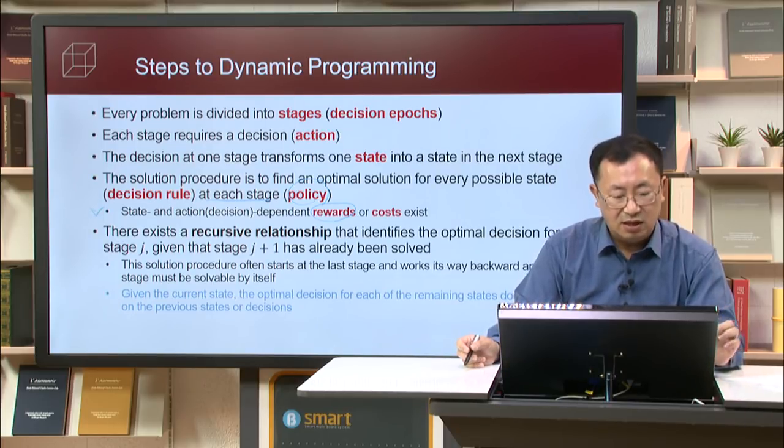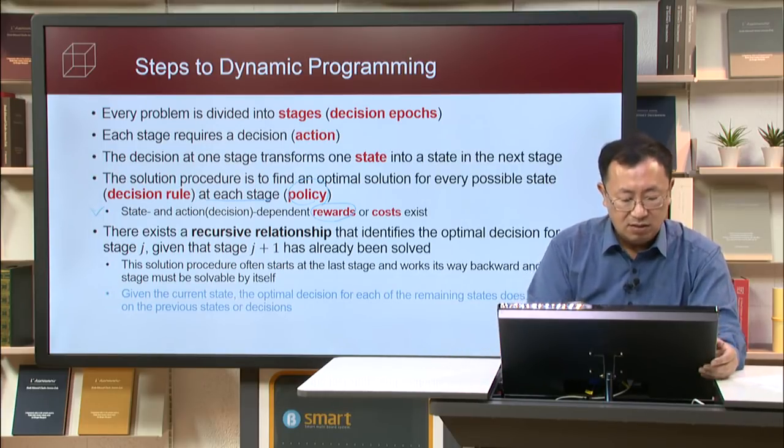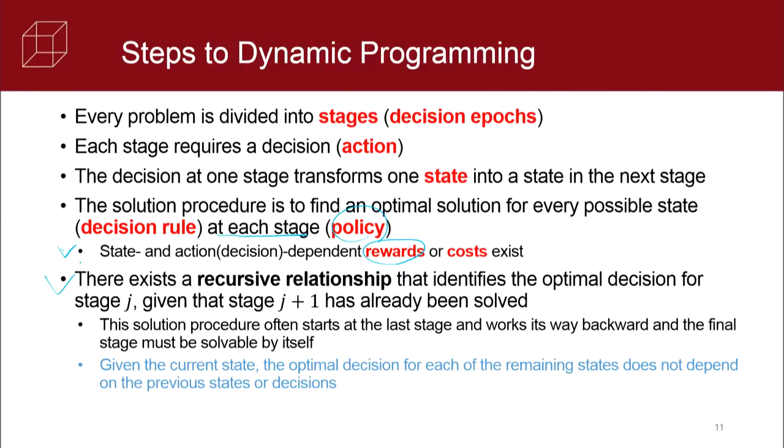And finally, in the dynamic programming model, there exist recursive relationships that identify the optimal decisions for stage j, given that stage j plus 1 has already been solved. Because of these recursive relationships, the solution procedure often starts from the last stage and then walks backward. And the final stage must be solvable by itself.